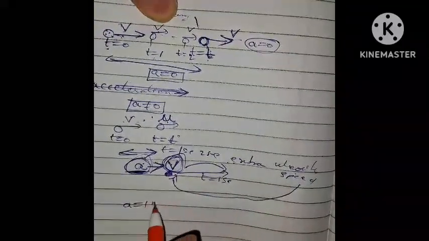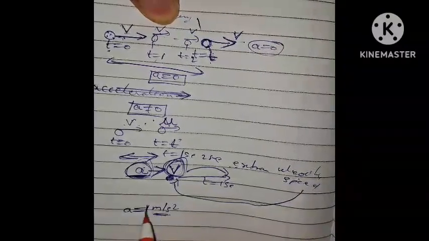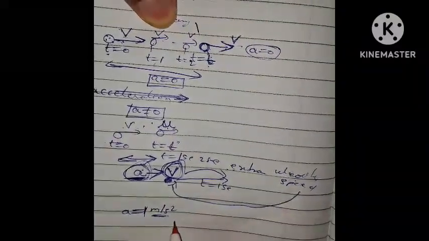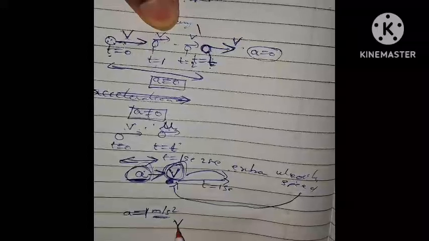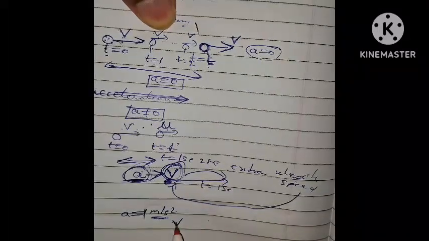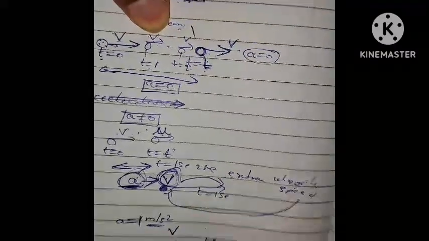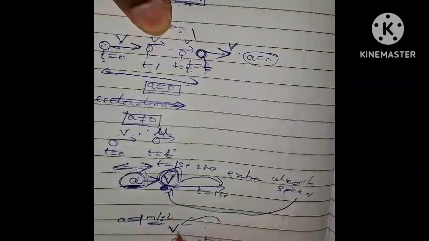For example, if acceleration is 1 meter per second square, its unit is meter per second square, then what is the extra velocity added to v in 1 second?